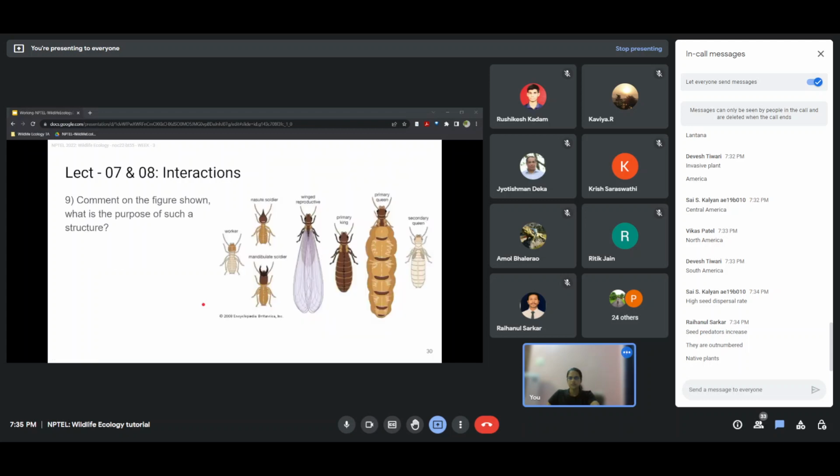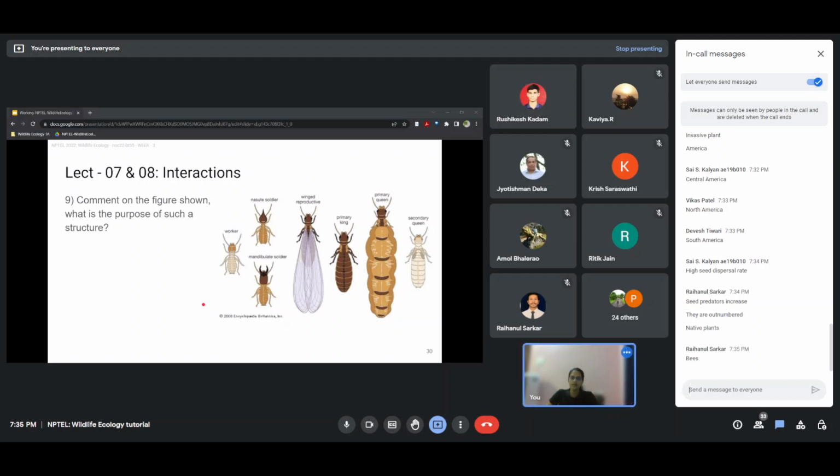All right. So next question, what's happening in this figure and what is the purpose of such a structure? We need not go into the details of this, but what is this species? Any idea? Termite, yeah, that is correct.